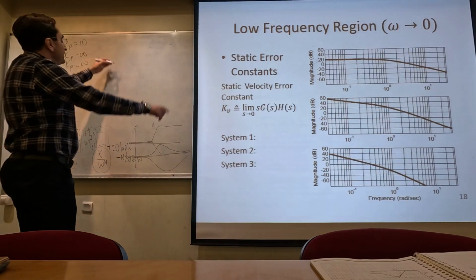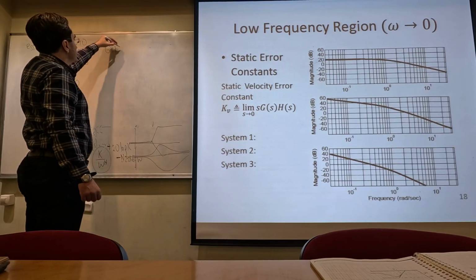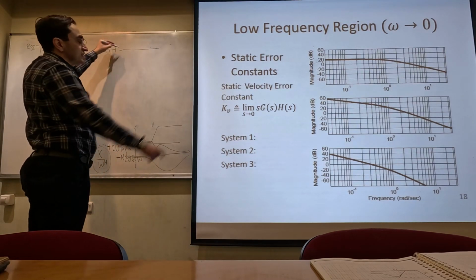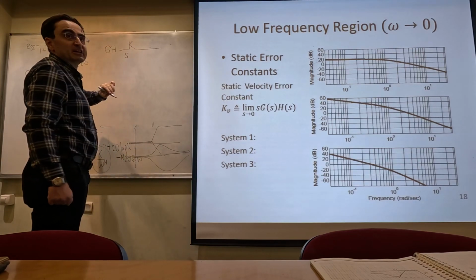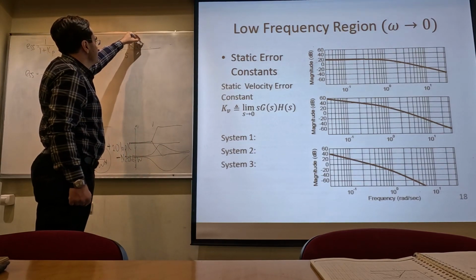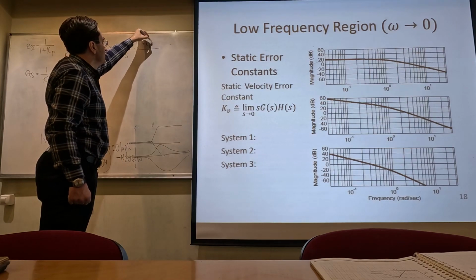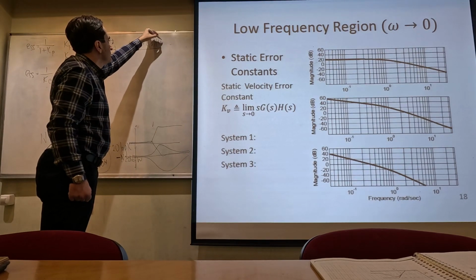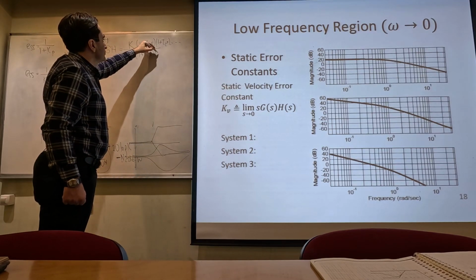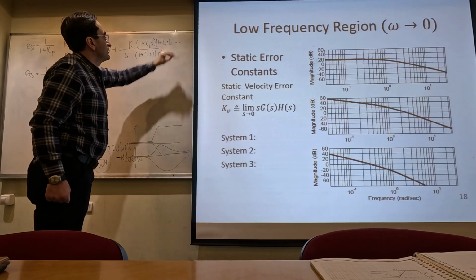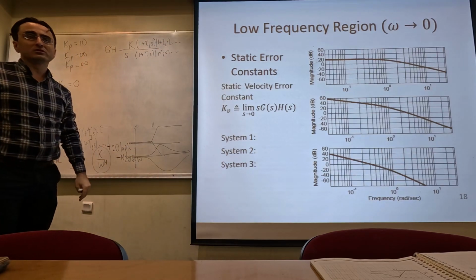So I see that the second system has the following form. GH, it's a type 1 system, so we have an s here, we have some K here, and some terms that are not going to be important for us: 1 plus tau 2 s, etc., and 1 plus T1 s, 1 plus T2 s, etc. This transfer function is in Bode form.